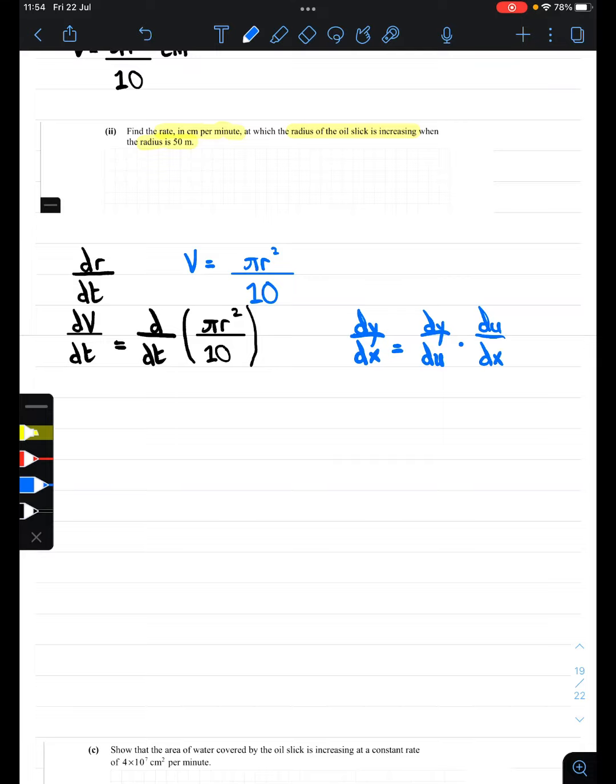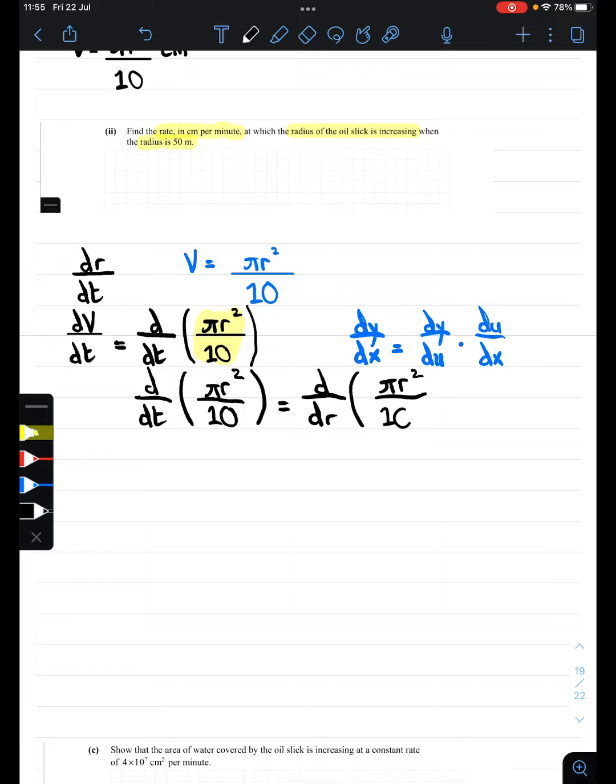Okay, so if we differentiate this thing with respect to r and then multiply that by dr dt, then we'll have d dt of pi r squared over 10 is equal to d dr of pi r squared over 10 multiplied by dr dt.